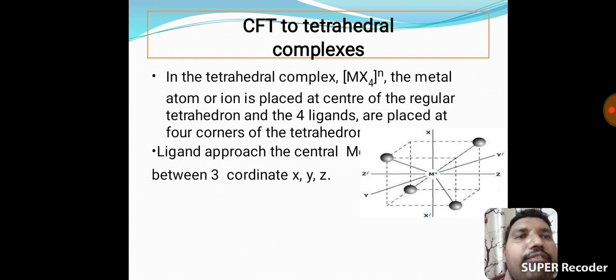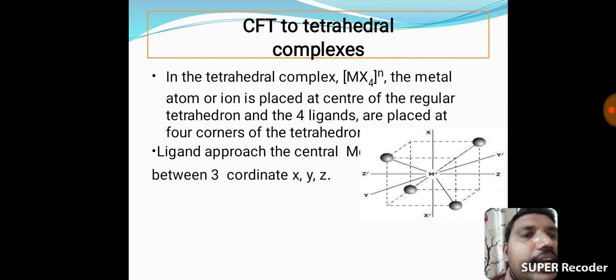See, crystal field theory for tetrahedral complexes. In the tetrahedral complexes, MX4, where M means central metal atom, X4 is 4 ligands. 4 ligands are attached to the central metal atom.